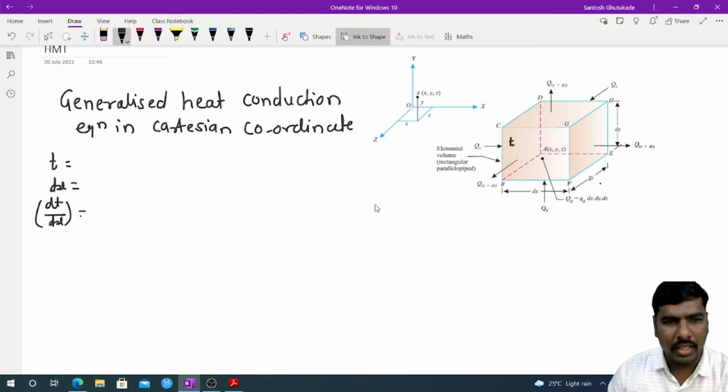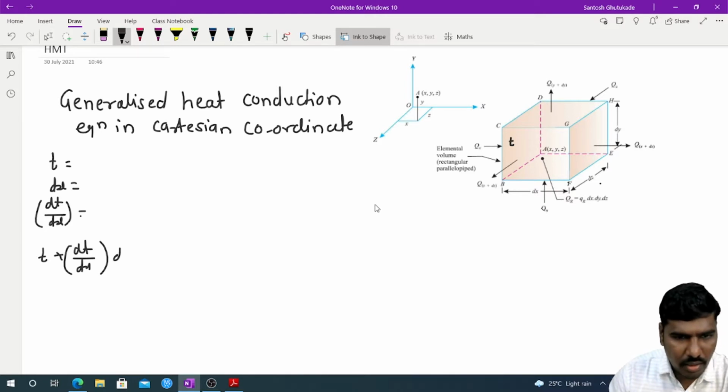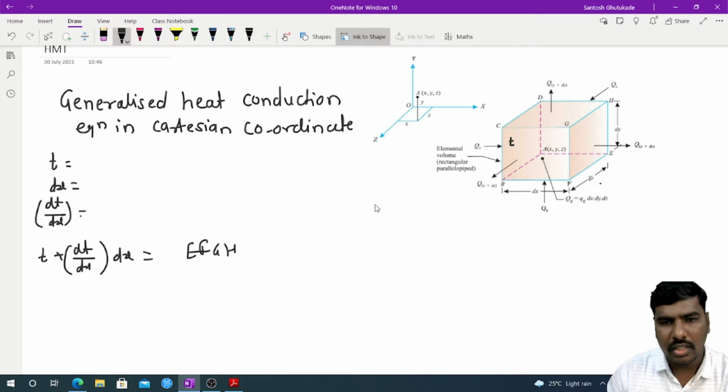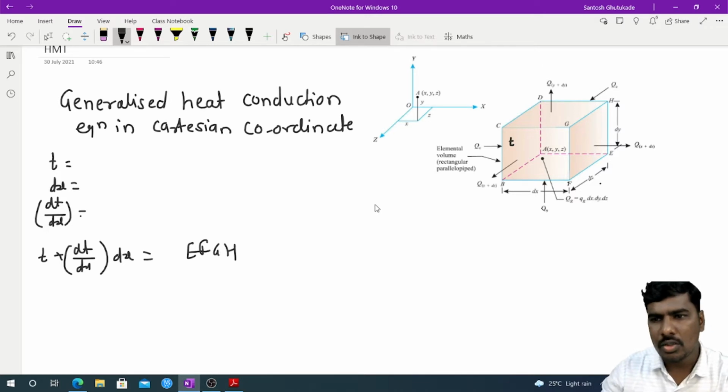And T plus dT by dx into dx is the temperature at the face EFGH. So that is the temperature change through the distance dx.